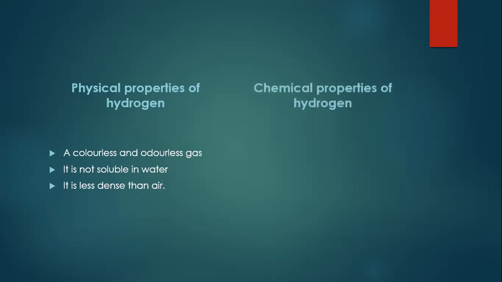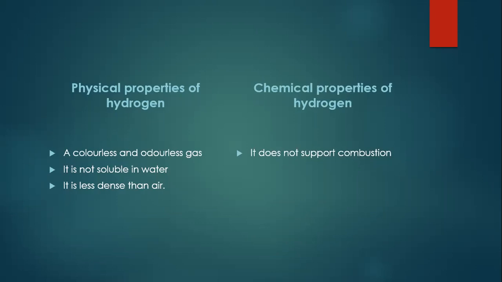Now let's look at the chemical properties of hydrogen gas. Chemically, how will you know this gas? One, it does not support combustion. It does not support burning, so it wouldn't support things to burn.